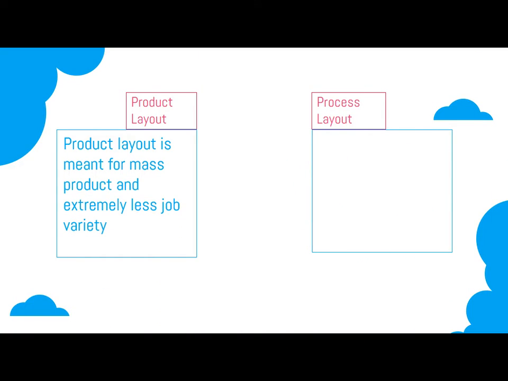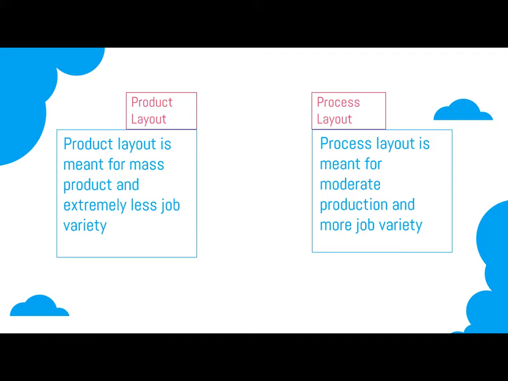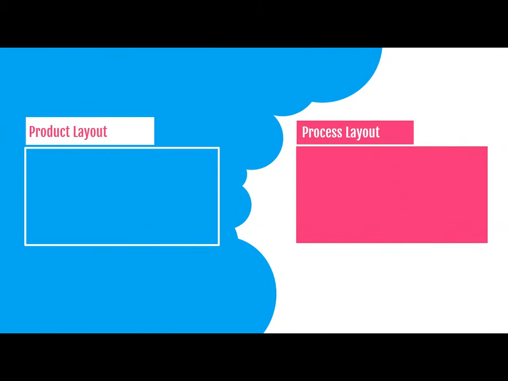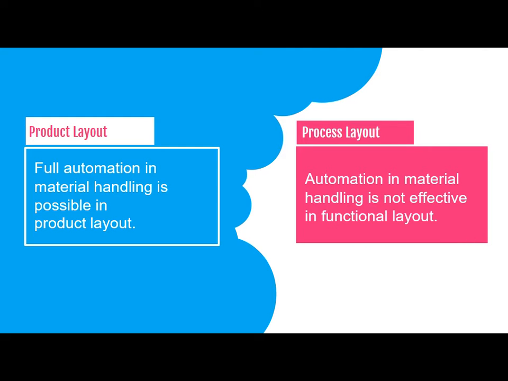Product layout is meant for mass production and extremely less job variety. Process layout is meant for moderate production and more job variety. Full automation in material handling is possible in product layout. Automation in material handling is not effective in process or functional layout.